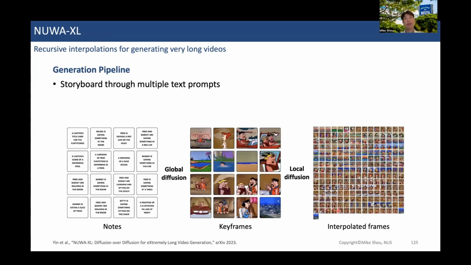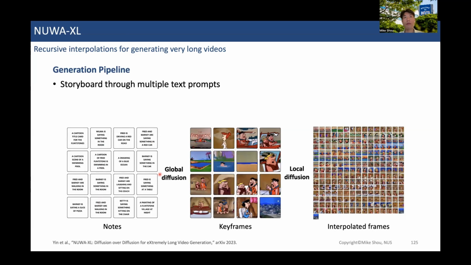So let's talk more about this diffusion over diffusion idea. Because we were talking about long video generation, what are the contents or conditions for generating these kinds of long videos? In this case, they have these so-called nodes, essentially a paragraph, a sequence of sentences. Each sentence may describe a short scene, and then you have the next sentence, and so on and so forth.